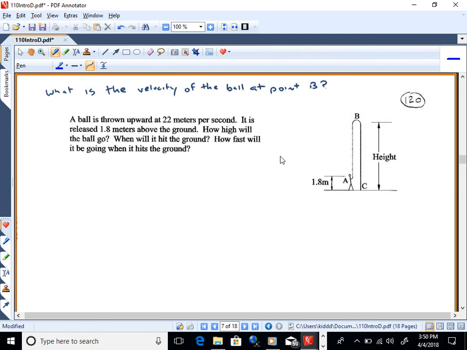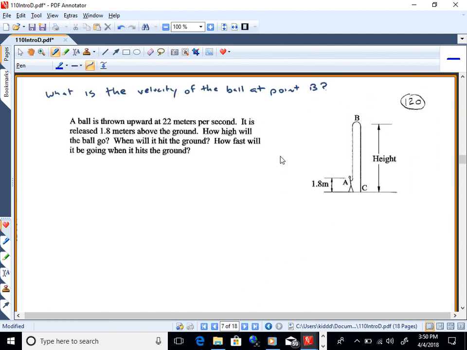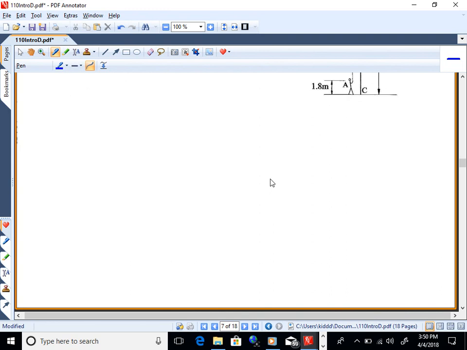All right. So what's the velocity of the ball at point B? It'd be 0 because it's turning around, right? So it's going up and it's just about to come back down, and there's that one instant when it's 0. So at the very top of the flight, the velocity of the ball is 0. Okay.